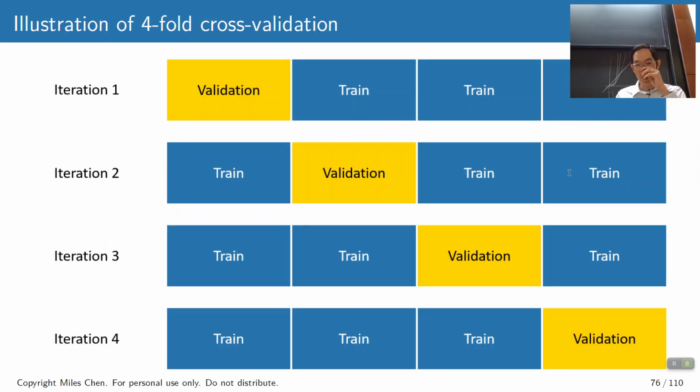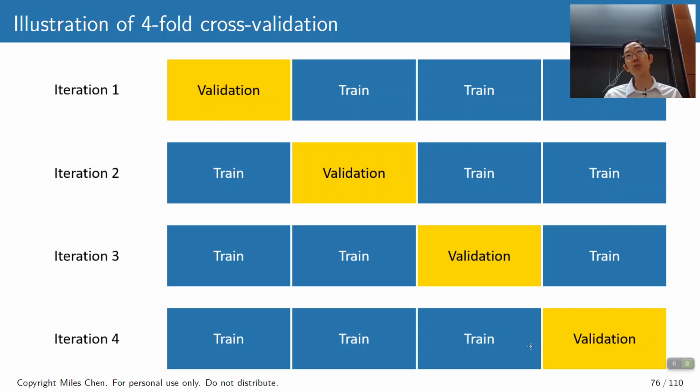If we said we're going to do 4-fold cross-validation, we take the entire data set, divide it into 4 chunks, train on these 3, and validate on this one. We would do it again, training on these 3 and validating on the second set, then train on sets 1, 2, and 4 and validate on the third, and one more time train on these 3 and validate on the fourth set. Each of these would be considered a fold.